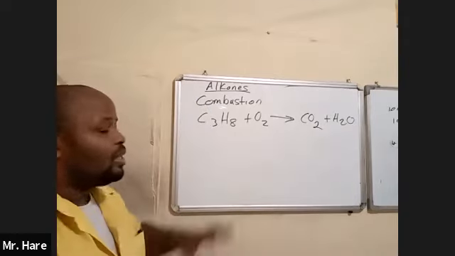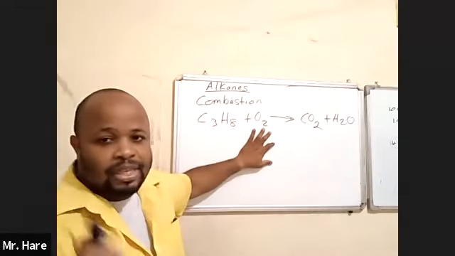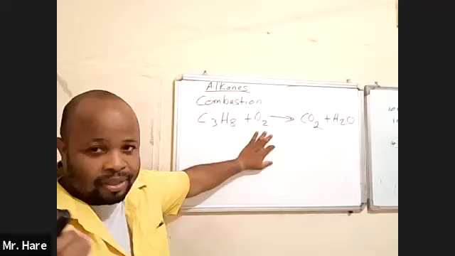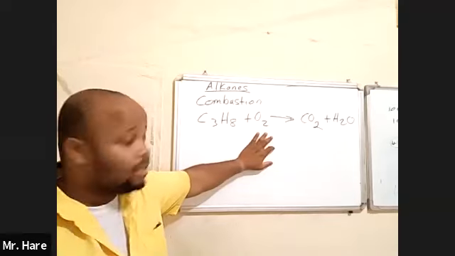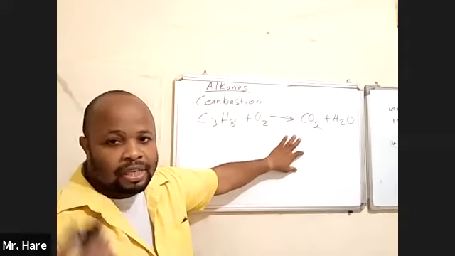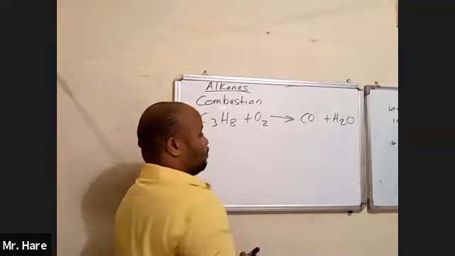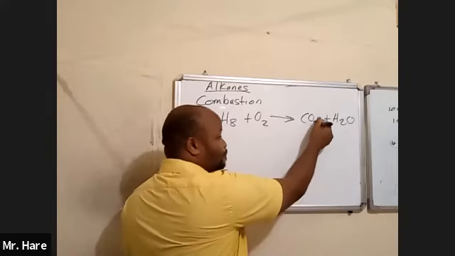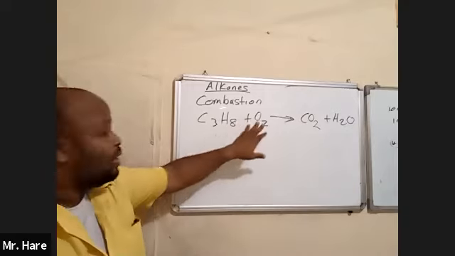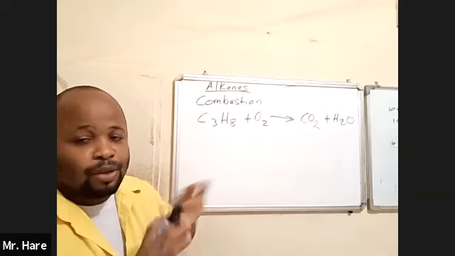All right, so unless the question says you don't have sufficient oxygen, if it does not say that, this is the equation to write. If it is insufficient, then you just put CO. All right, but for combustion, all you have to do, write the alkane and the oxygen, you always get carbon dioxide and water.